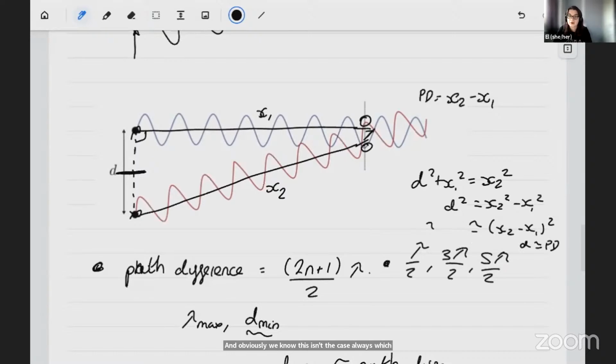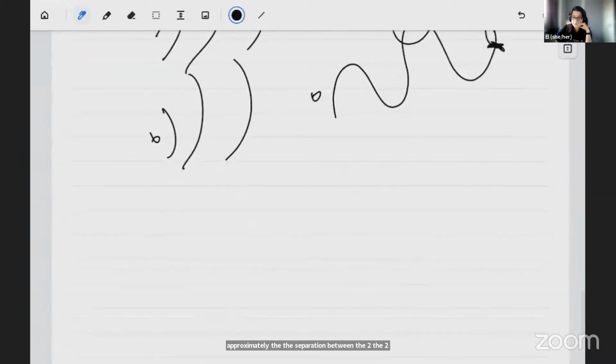So I want to make it clear here, I'm making an order of magnitude estimate rather than trying to find it out exactly, because that would be quite difficult. So all we're saying is that the path difference is approximately the separation between the two speakers to start with. Okay.